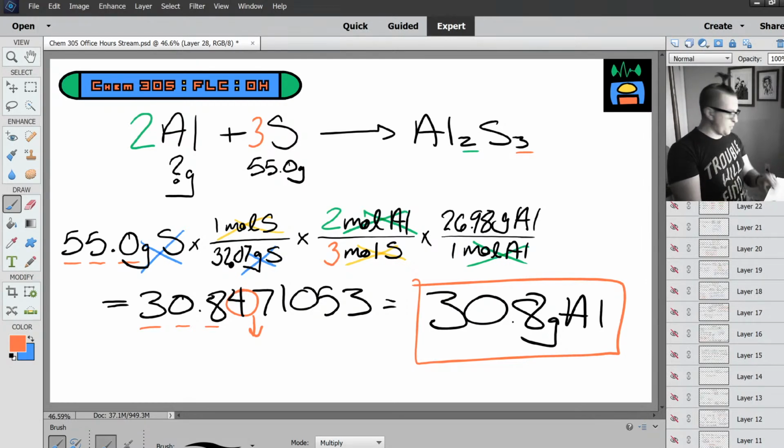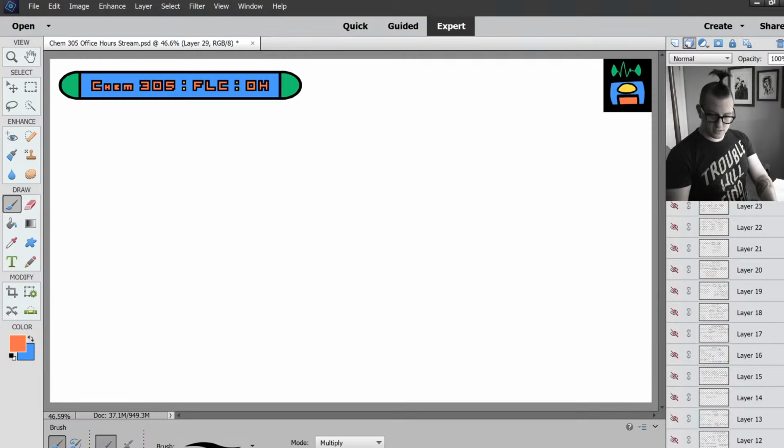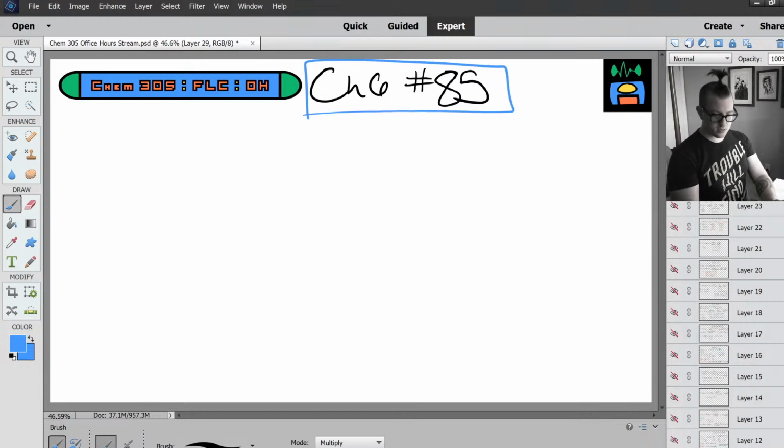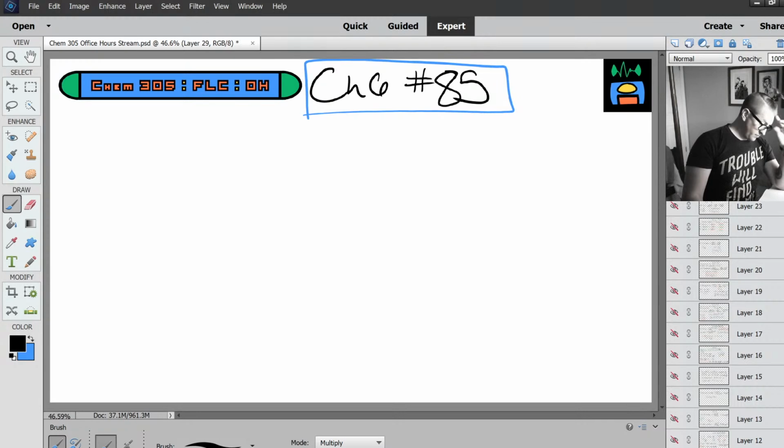Let's see. Prathana, you wanted to see 85. Let's take a look. Chapter 6, number 85. If 125 grams of calcium nitride were produced from 29 grams of nitrogen and excess calcium, according to this reaction, what is the percent yield? Oh, interesting question. This is a cool question.